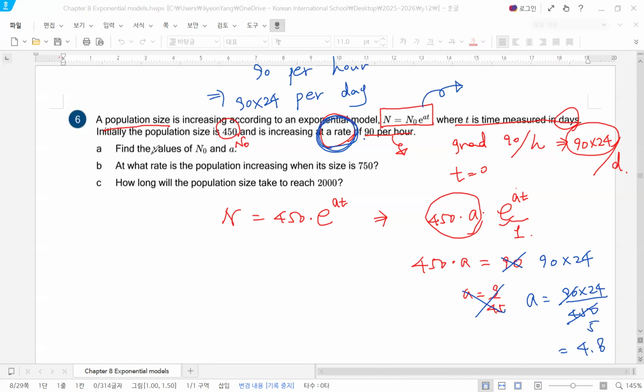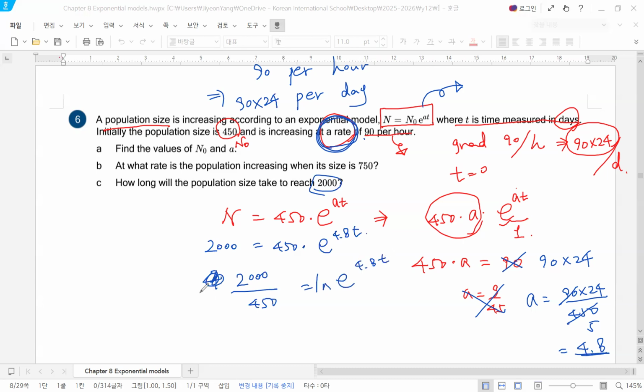How long will the population size take to reach 2,000? So 2,000 equals 450 times e to the power of 4.8t, since the value of A is 4.8. Then divided by 450, so 2,000 divided by 450 equals e to the power of 4.8t.